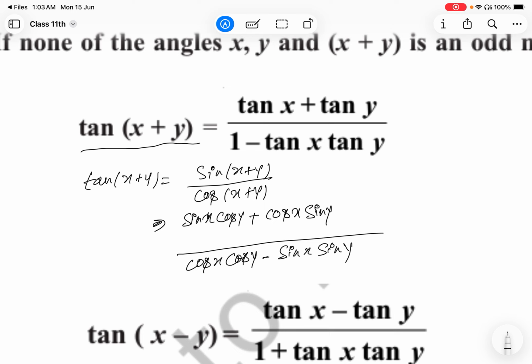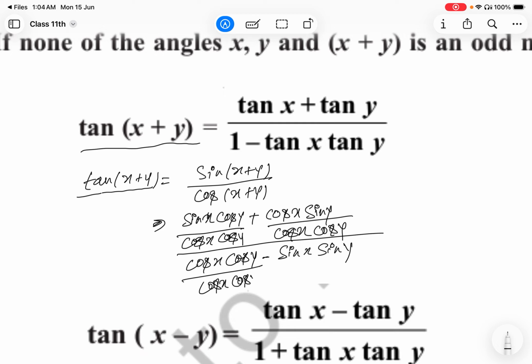Because we have to find the value of tan, we have to convert this into tan. So what is tan? Sine by cos, so I have to divide everything by cos x cos y.